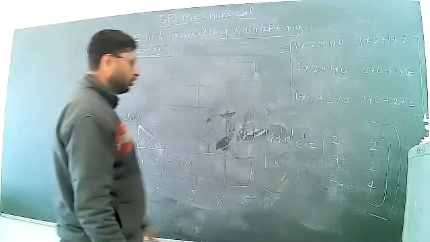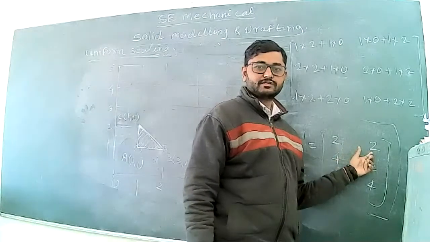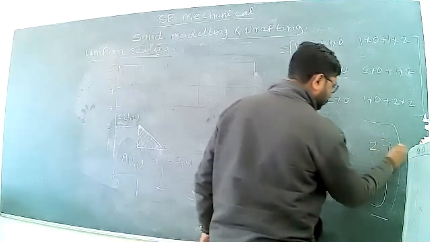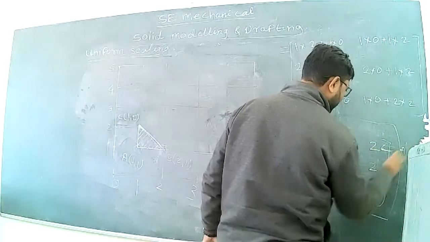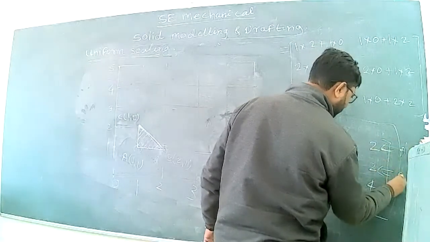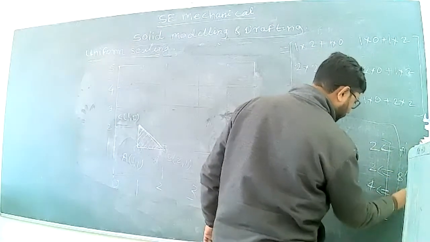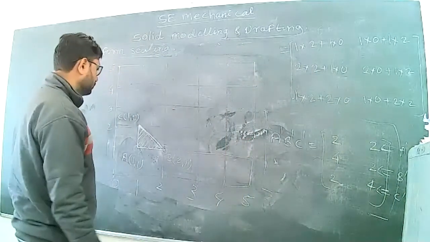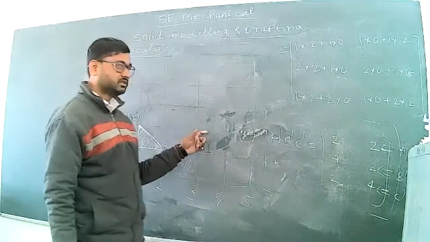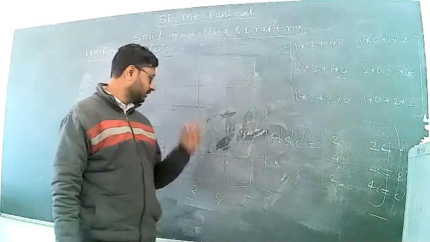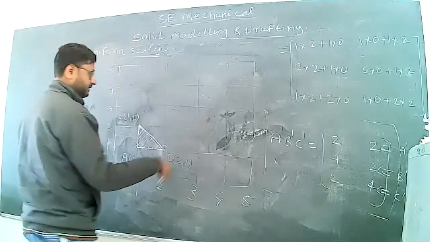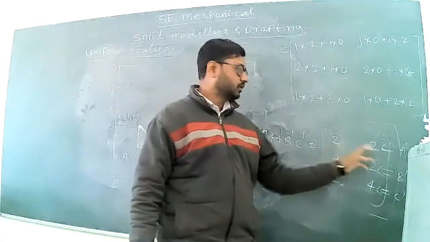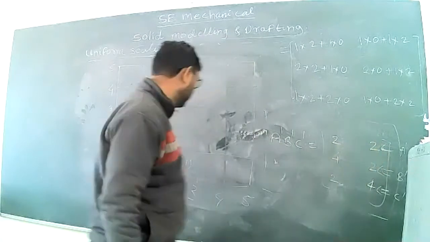So here we have to locate these points onto the graph. That means these coordinates (2, 2) are for A dash, (4, 2) for B dash and (2, 4) for C dash. These are the points for the triangle. So just locate these points into the graph. A dash (2, 2): x distance is 2, y distance is 2.